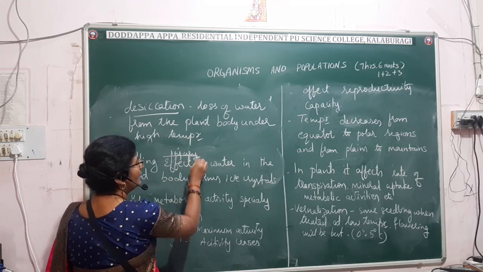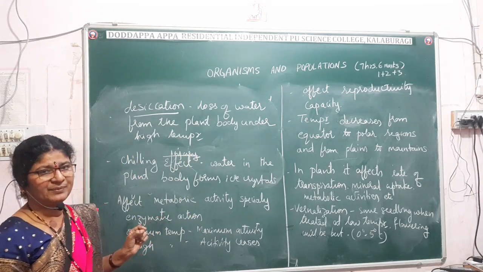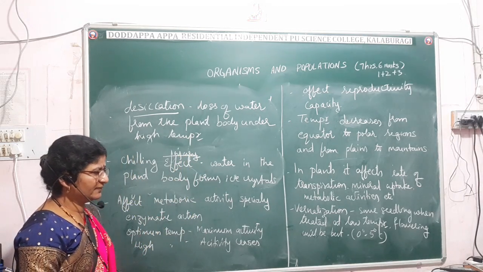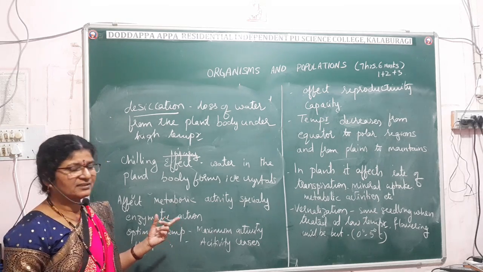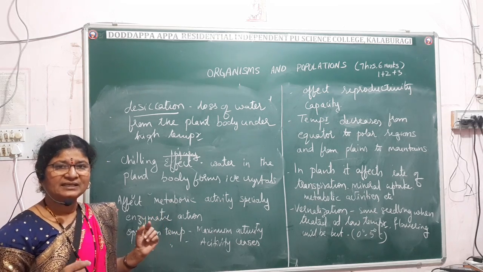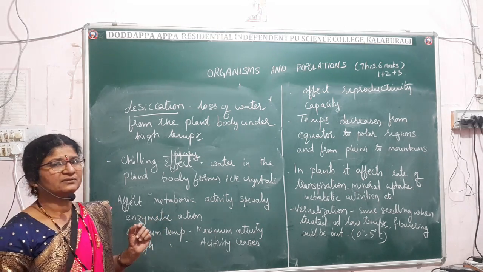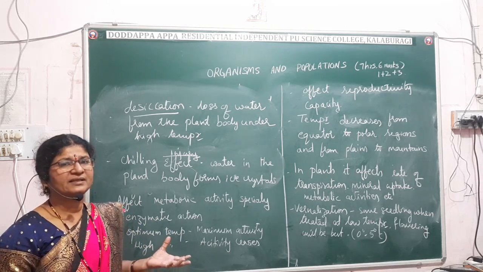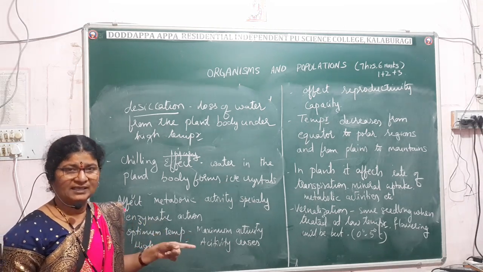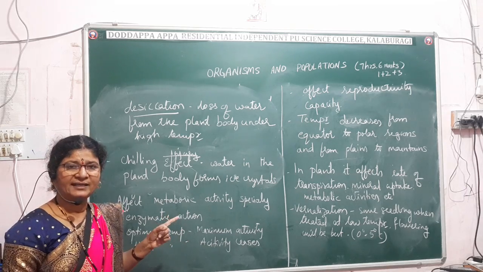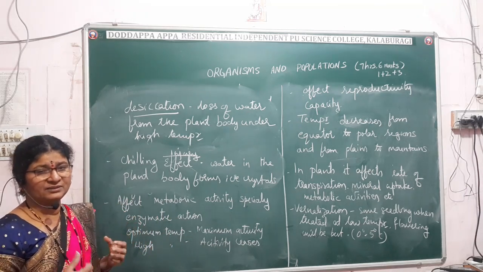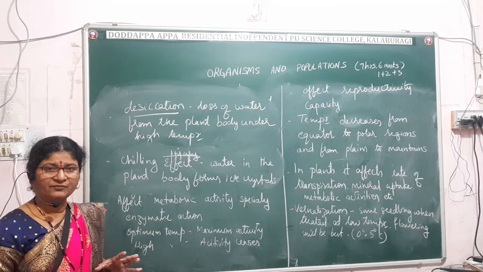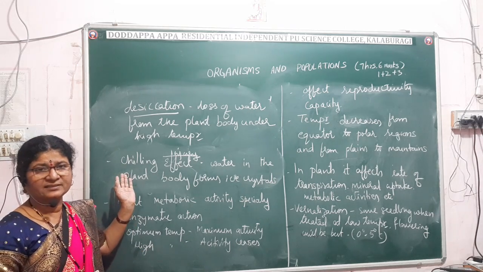Fine. So these 3 examples I gave under the metabolic activities. First, vernalization: when the seedlings are treated at a low temperature like 0 to 5 degrees Celsius, they will flower very nicely. Under high temperature, the plant body starts losing water, and this is called desiccation.